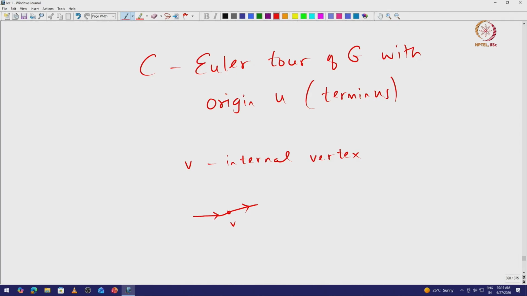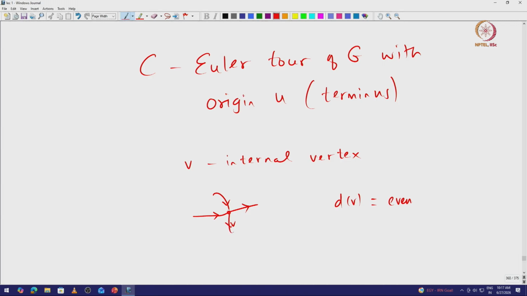Since the Euler tour traverses each edge of G exactly once, whenever it comes into V, it has to go out. All the edges of G are counted in the Euler tour, so all the edges incident at V are counted. In particular, the degree of V must be even, because whenever an edge comes in, it should also go out.